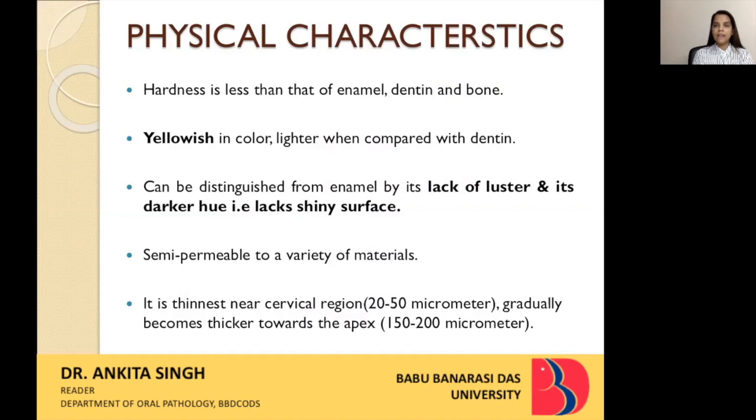That is, it lacks the shiny surface. It is semi-permeable to a variety of materials, and we should know that it is thinnest near the cervical region, approximately 20 to 50 micrometers, and then it gradually becomes thicker as it reaches the apex, approximately 150 to 200 micrometers.